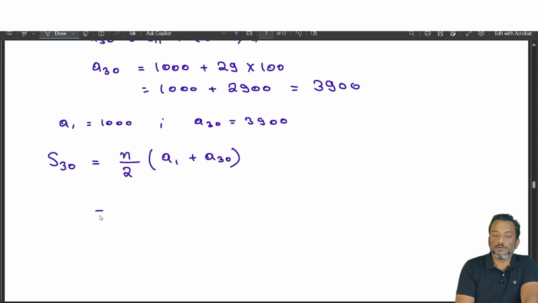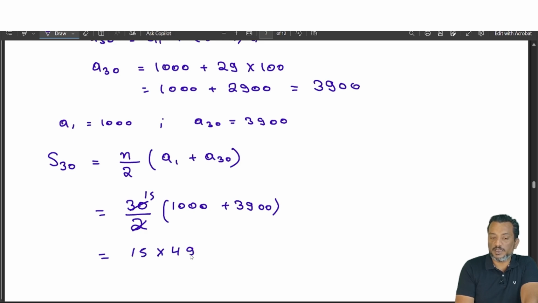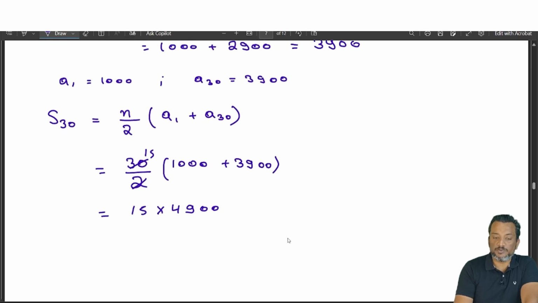Okay, so here n is equal to 30, so 30 over 2, and A1 plus A30 is 1,000 plus 3,900. So here you will get 15, and inside you will get 15 times 4,900. So now you can multiply 4,900 with 15.